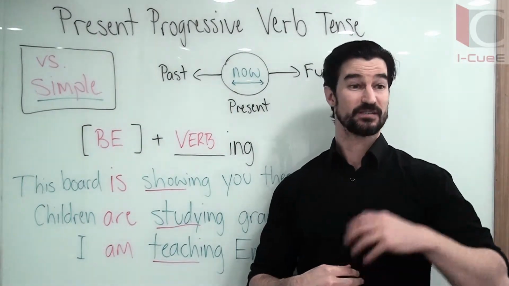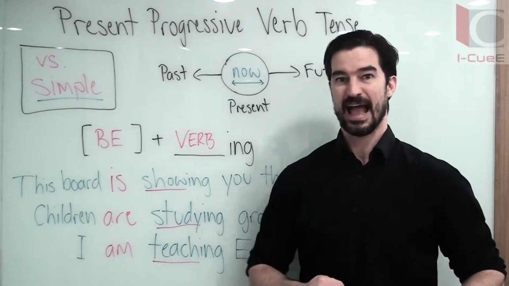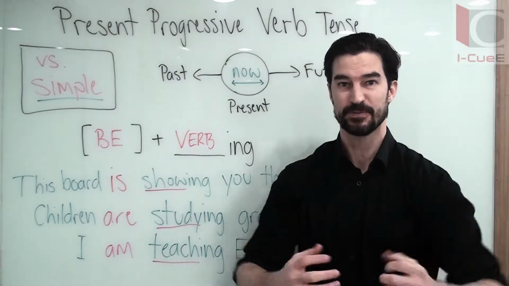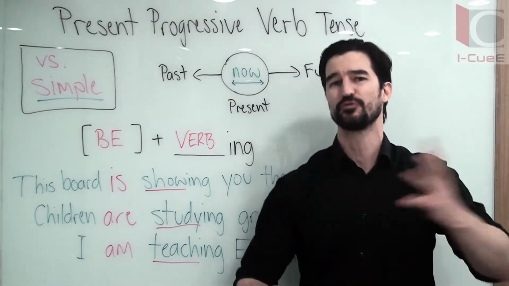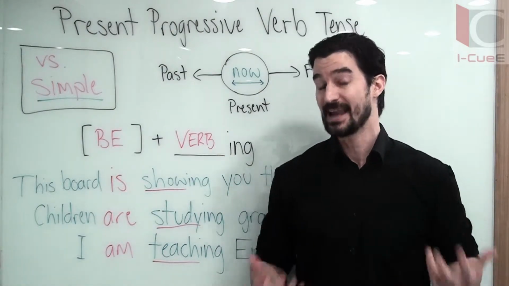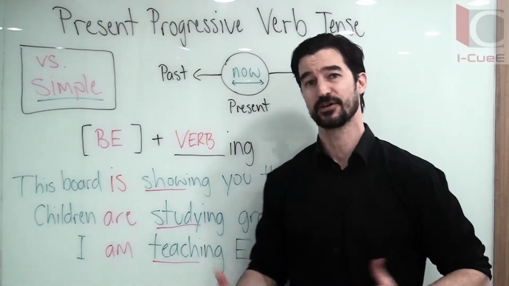It talks about facts, so lions roar, and people eat, and children sleep. These are things that you have to do. You do it regularly. These are habits. This is not what you're doing right now. That is what we use the present progressive for, this verb tense.